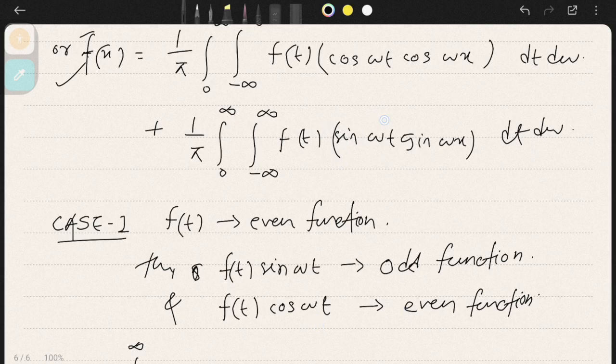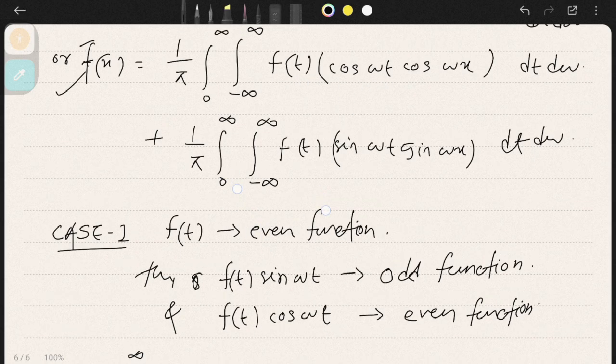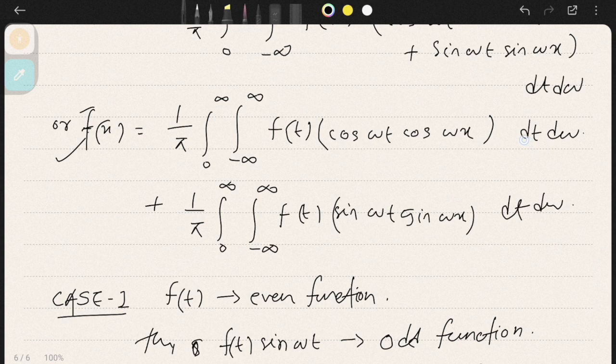So the second term will vanish, and only the first term will survive, with cos omega x taken outside. f(t) cos omega t is integrated over t from minus infinity to infinity, and the limit changes to 0 to infinity because it's an even function.